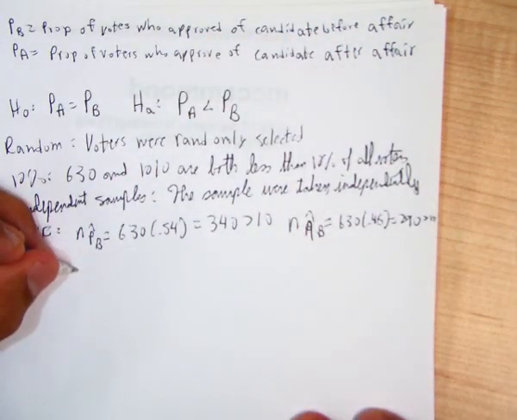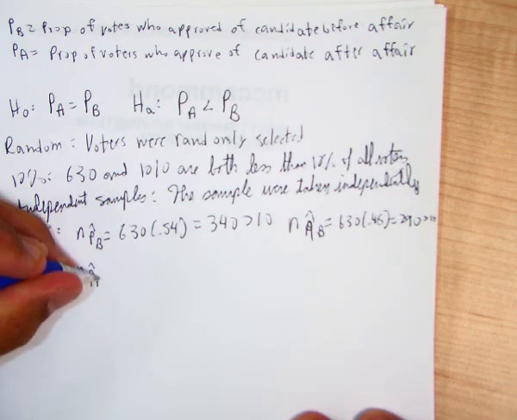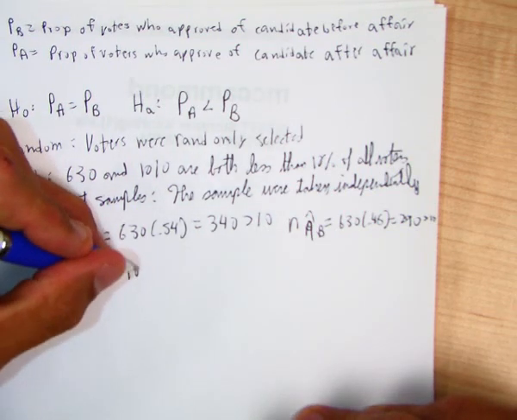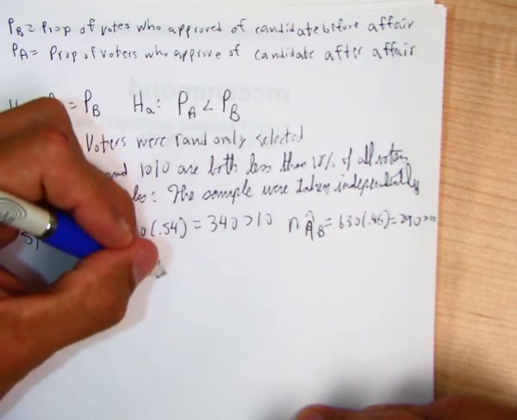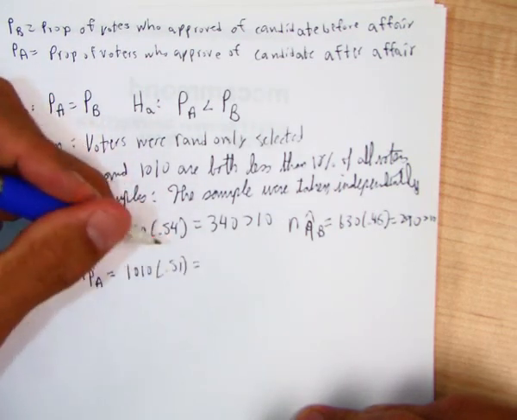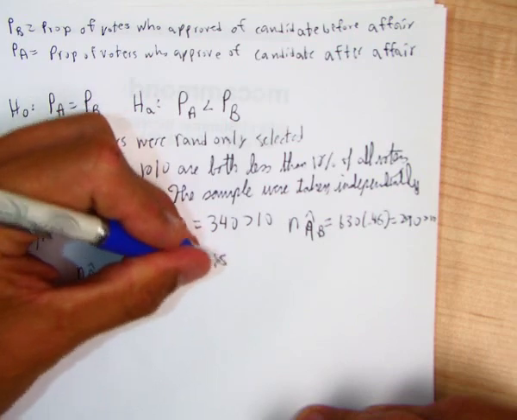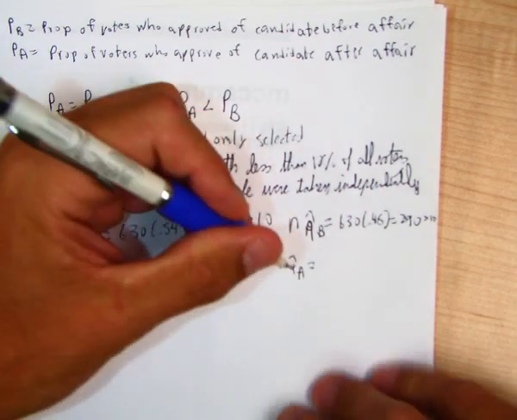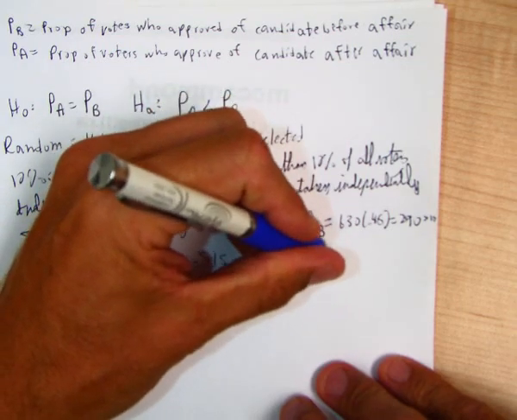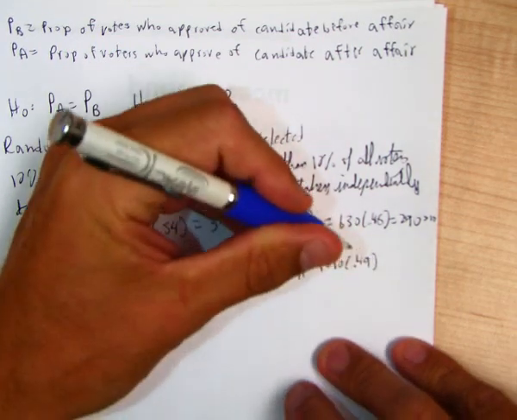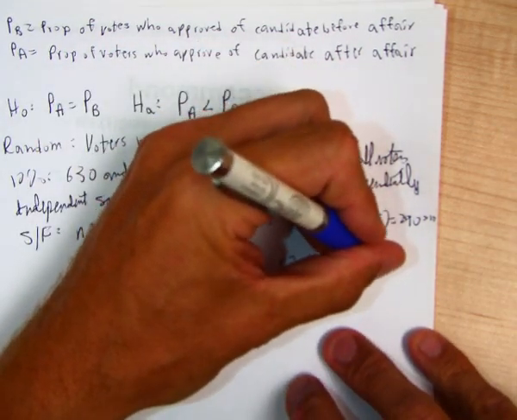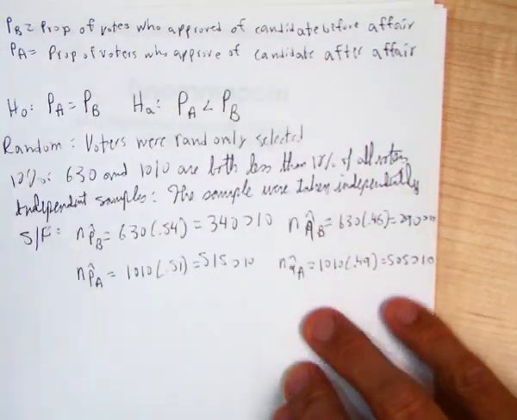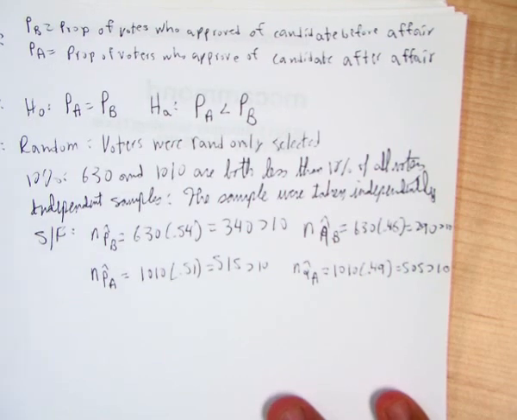And then n p-hat after is 1,010 times 0.51, which is 515, greater than 10. And n q-hat after is 1,010 times 0.49, which is 505, which is greater than 10. All right, so we've met all of our conditions.